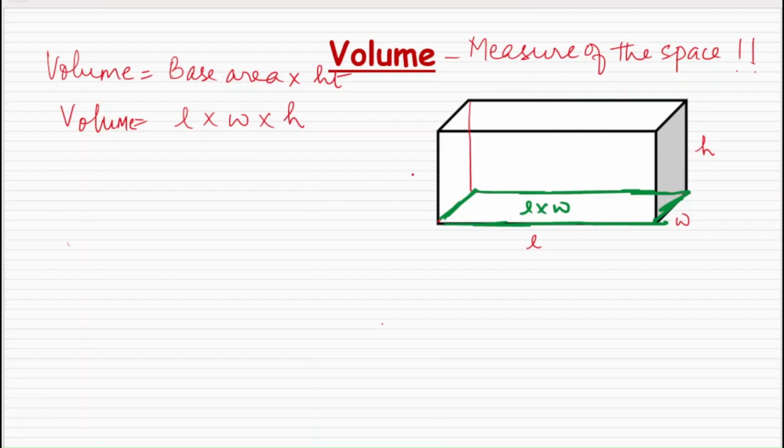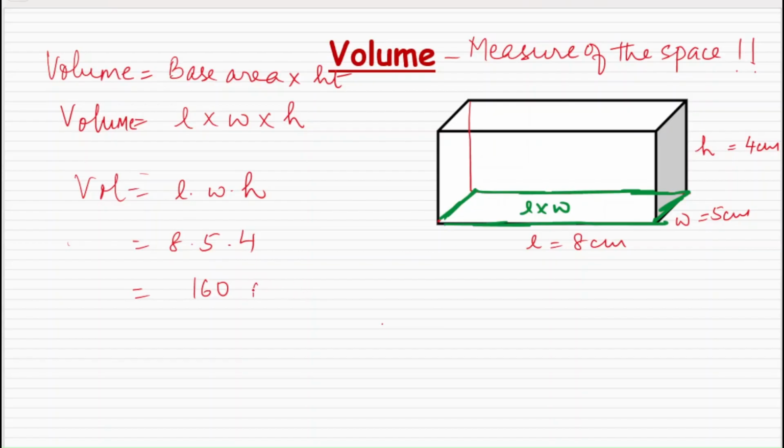All right. So for example, the length is 8, width is 5, and the height is 4. So what will be the volume? So volume is length times width times height. So it's 8 times 5 times 4, and the volume is 160 centimeter. But is it centimeter square or centimeter cube? It's cube. Always remember, volume is always in cubic units.